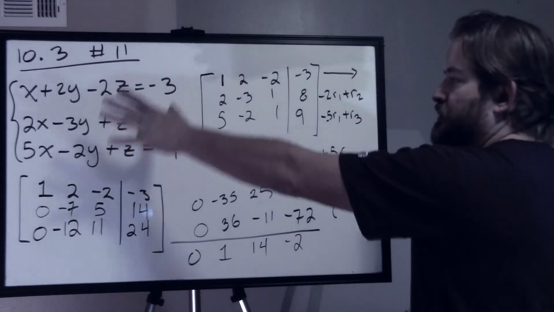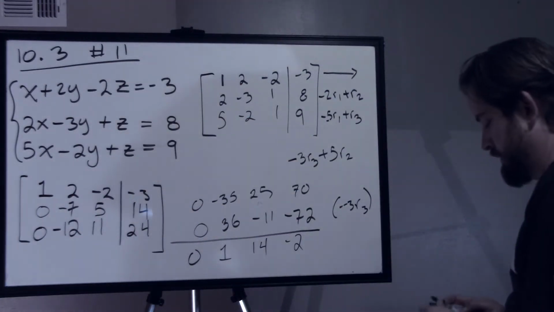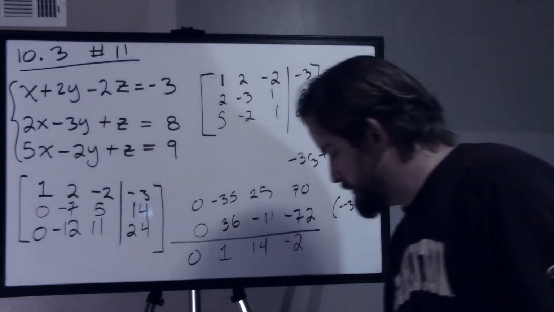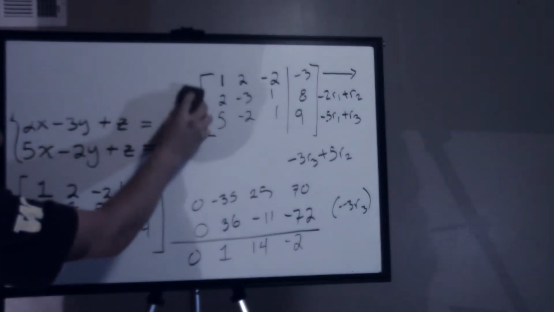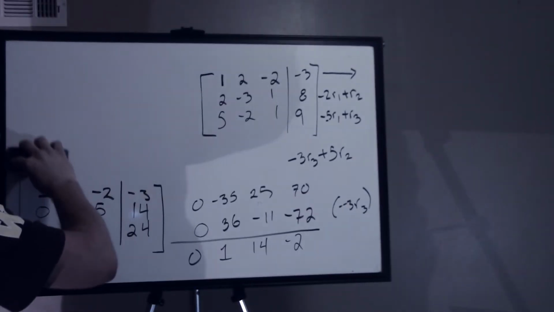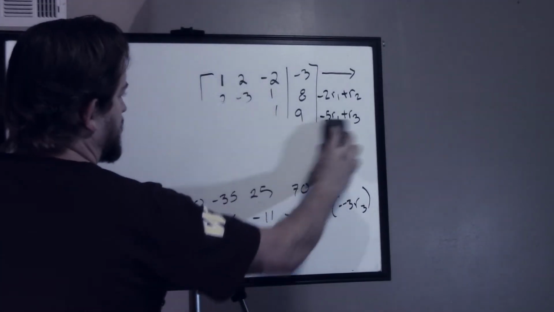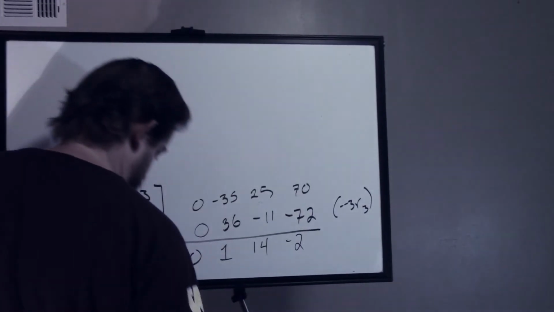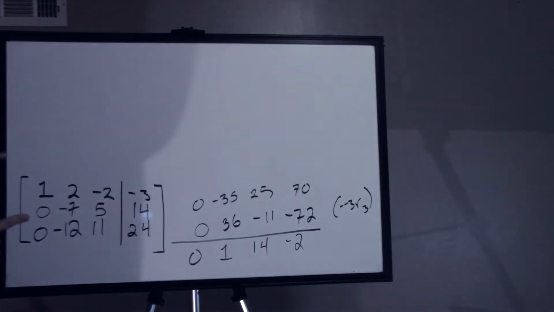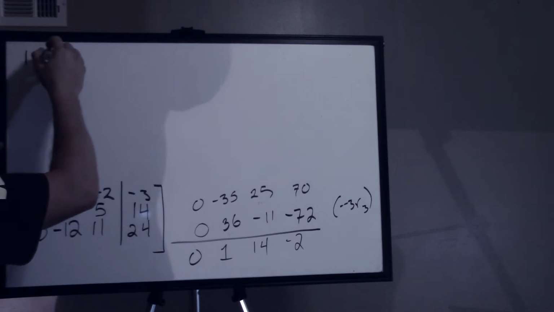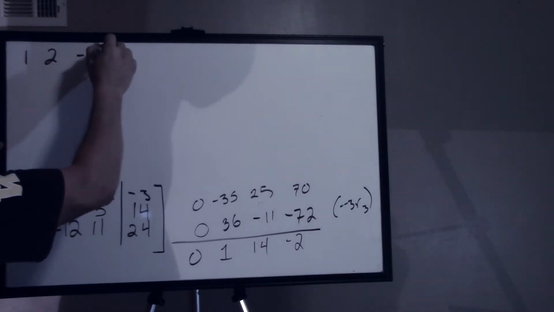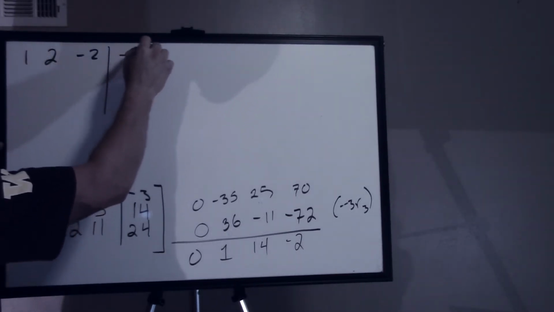I'm going to have to erase some stuff because I'm out of room here. It probably won't be the first erase, but here we go. So I didn't mess with row 1 or row 3 over here, so I still have 1, 2, -2, -3.